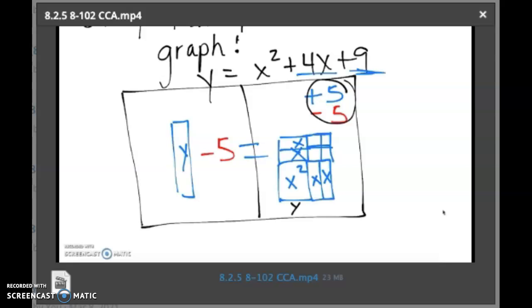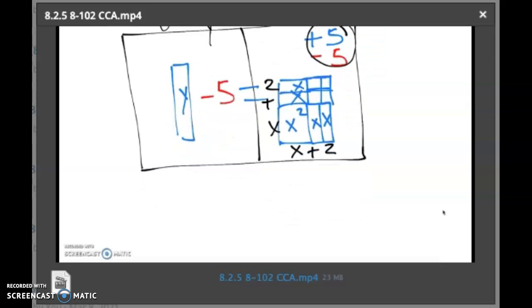So I have x plus 2 times x plus 2. Go ahead and write this algebraically below. So on the left, I have y minus 5 equal to x plus 2 squared. And good, I'm good to go on that.